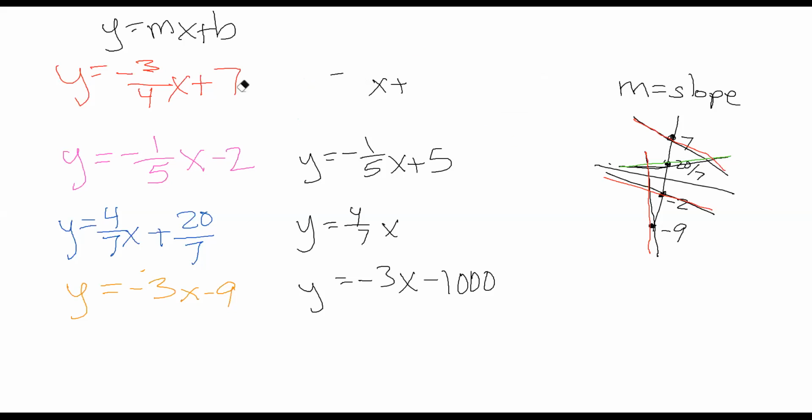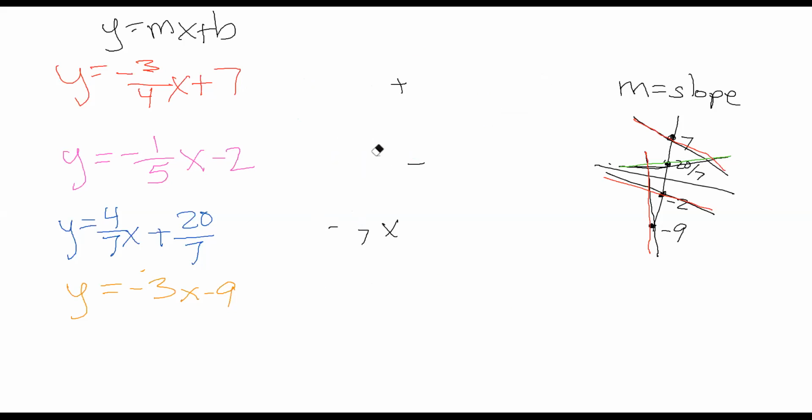Okay, so the last piece we're going to look at is perpendicular. And graphically, when you're looking at perpendicular, you want to see that when the lines are crossing each other, they need to form a 90-degree angle. And that is formed when one slope is a negative reciprocal of the other slope.